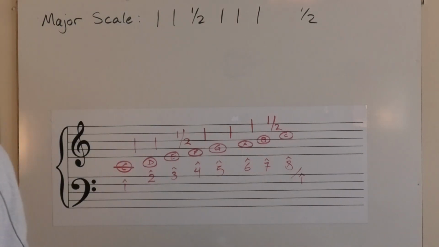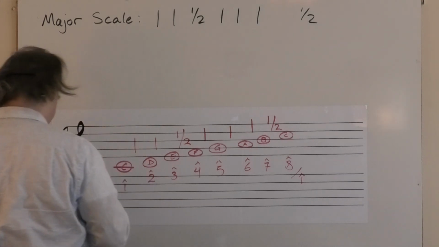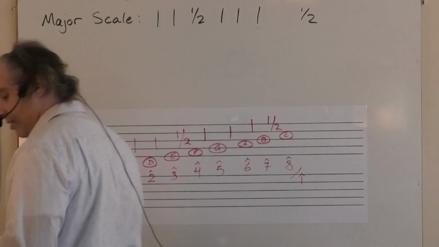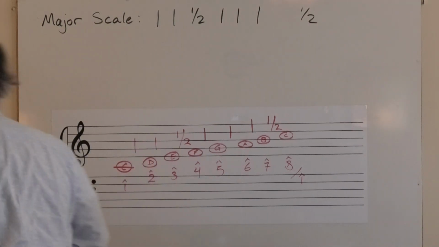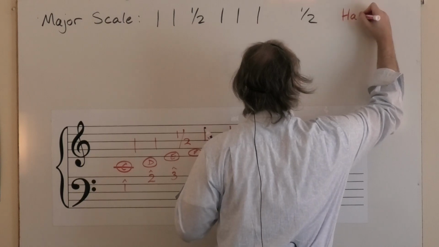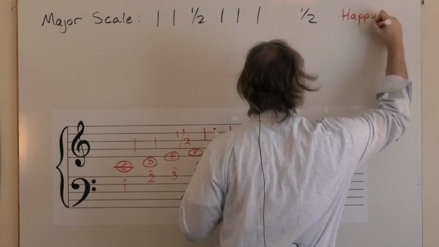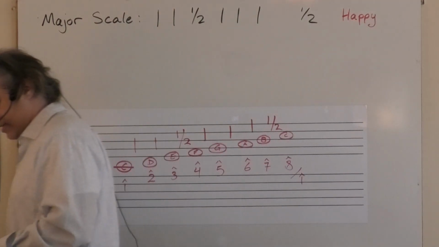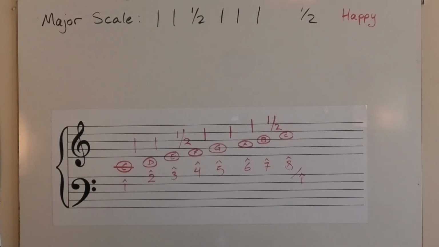All right, let's look at minor. See if we can get another color. I like to use purple for minor. So we'll put these adjectives over here. Happy. Now, not always, right? So we could have something in major that kind of sounds a little sad.